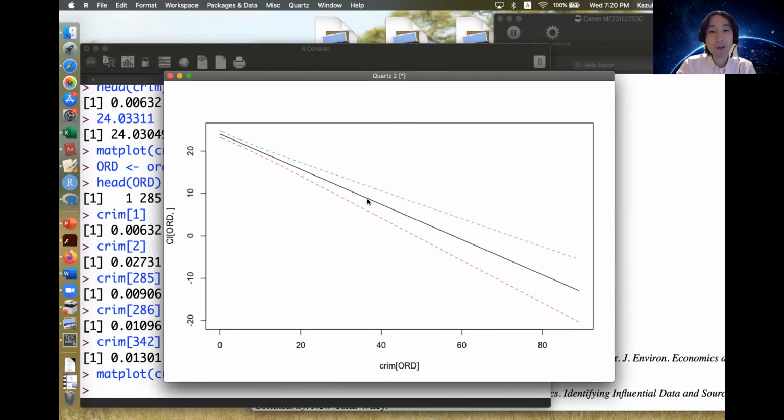When the straight line randomly moves in terms of intercept and slope, you can see the range is wider on the right end or left end, because a slight difference in slope makes a large difference in value. Around this point, it doesn't move much.